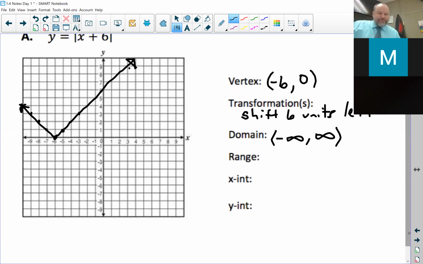For range, I always look at what is the lowest Y value. So the domain is my X's, the range is my Y's. Here's where it's at its lowest. What is the Y value there?